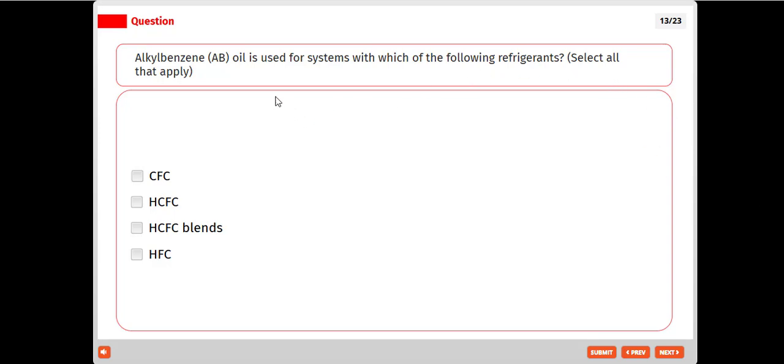Alkyl benzene, AB oil, is used for systems with which of the following refrigerants?